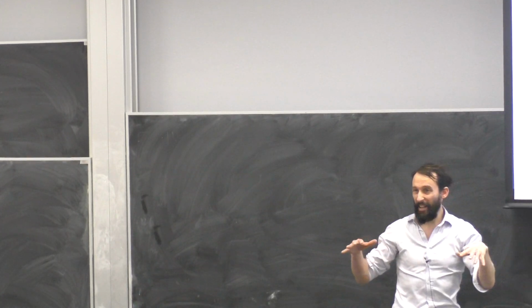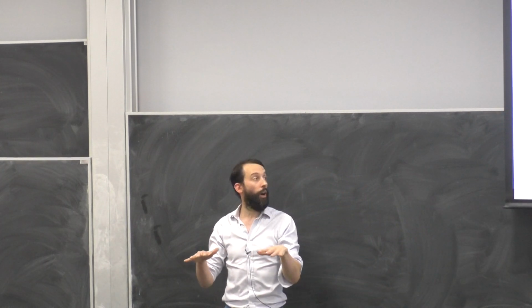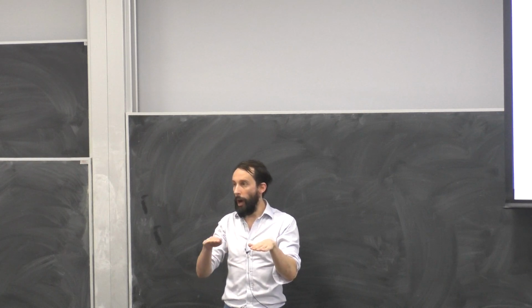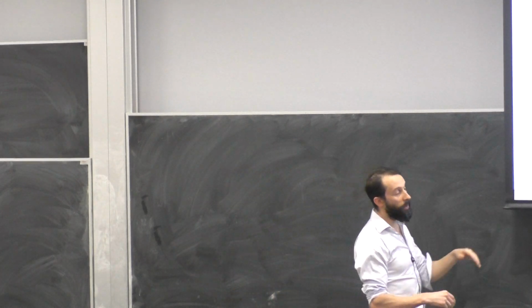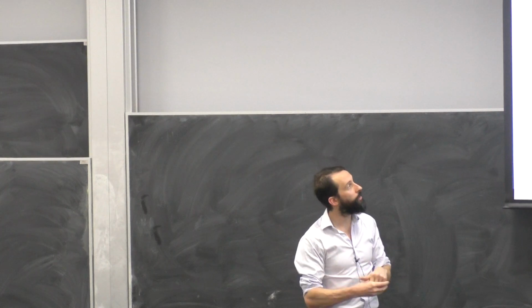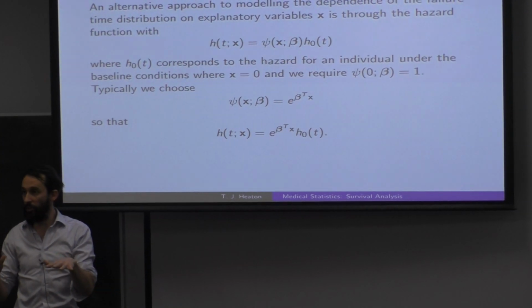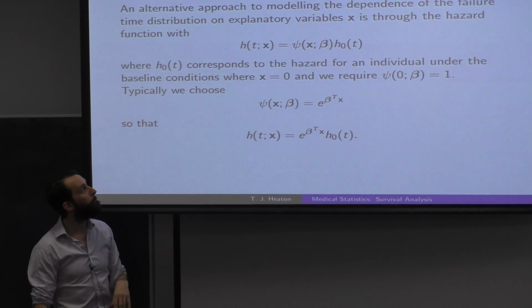If you remember, hazard was the instantaneous risk of failing at time t, given that you'd survived up until just before time t. We drew some plots of what different people's hazards might look like in different situations. So with proportional hazards, we are going to modify those to take account of my explanatory variables.